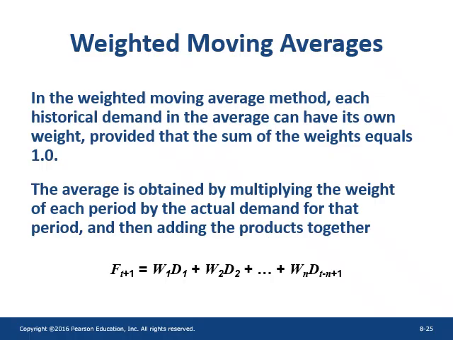In fact, we might think, well, what happened more recently is more important, and so we could give that, let's say, 2/3 of the weight and split the weight between the others with I guess 1/6 apiece. So we're weighting differently.